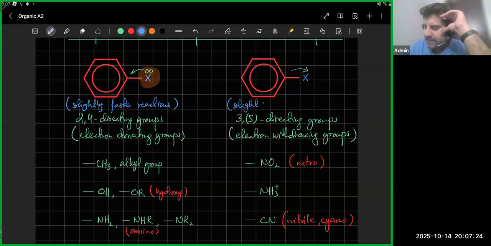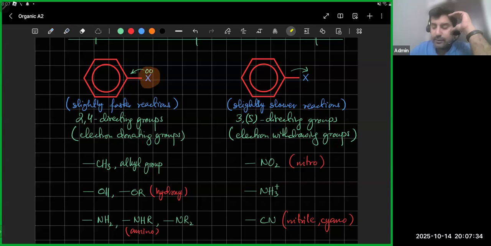So these ones had slightly slower reactions. Okay, so you had two types of groups. You had electron donating groups, which would donate electrons, and electron density would increase at positions 2, 4, and 6. Okay, so the electron density at these positions was higher.